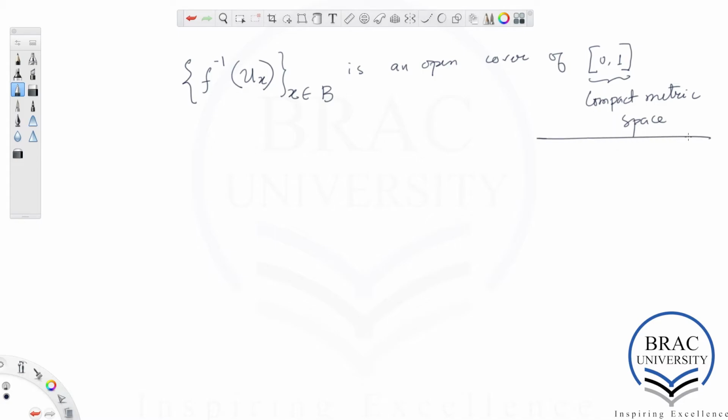All right, now I state a very useful lemma for our purpose, called the Lebesgue number lemma, that is going to be used in our proof.